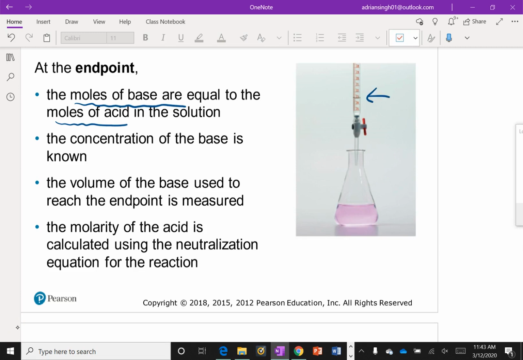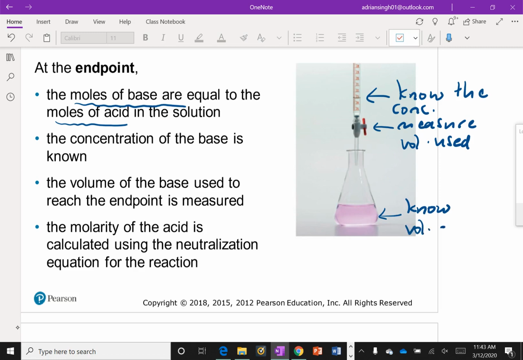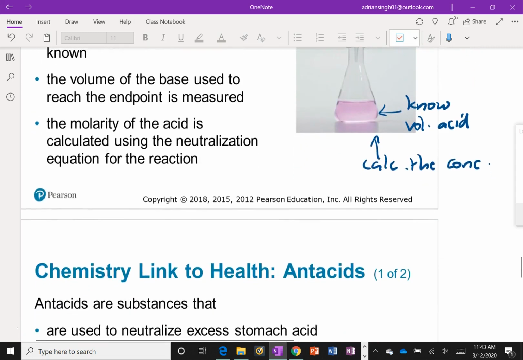We know the concentration of the base, and we know the volume that was used. We can measure the volume, and from the acid, we know how much acid was used. We can now calculate the concentration using a little bit of stoichiometry. All right, that's now applied to a solution in this particular case.